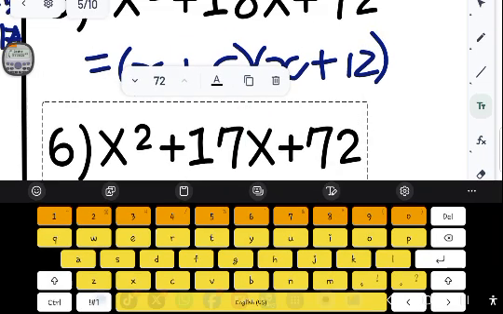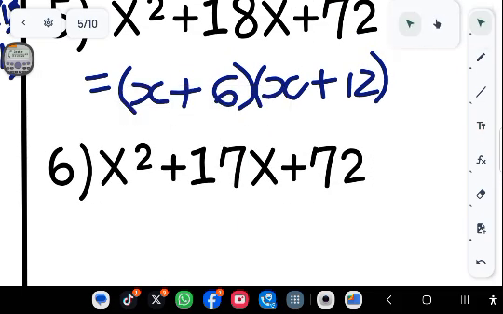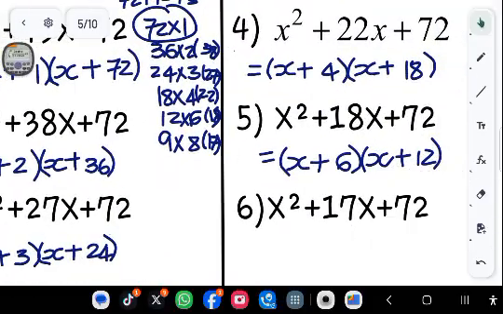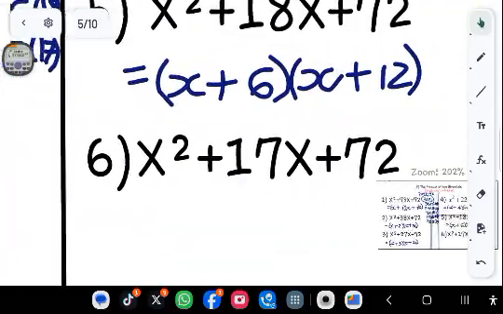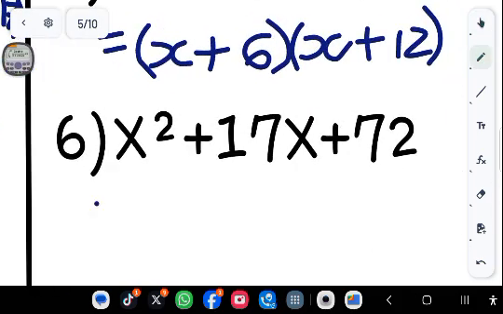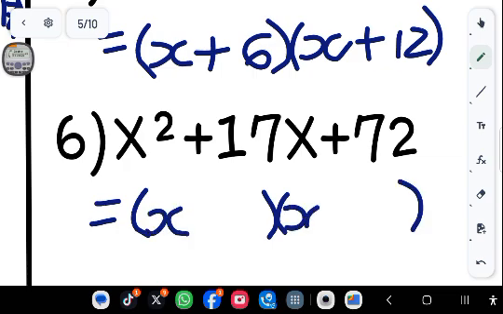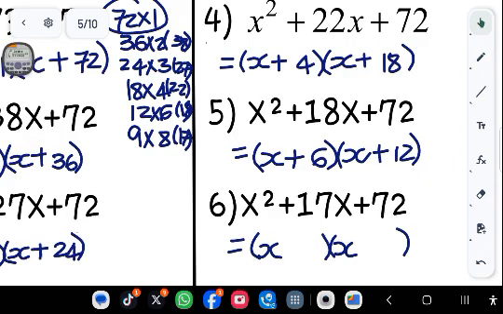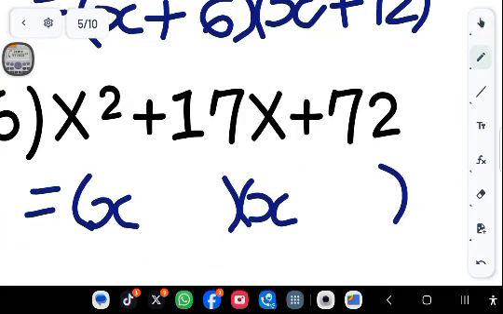The last factor pair we have here is 9 and 8. If you add 9 to 8, it will give us 17. So that is x and x, and then 9 and 8, and then we've got pluses in the middle.